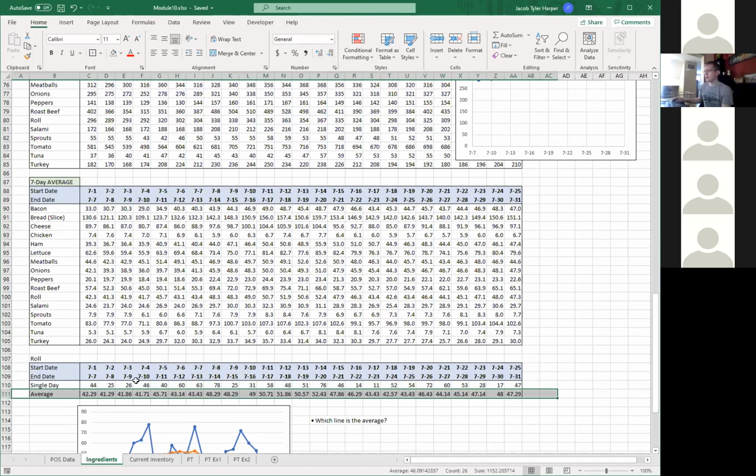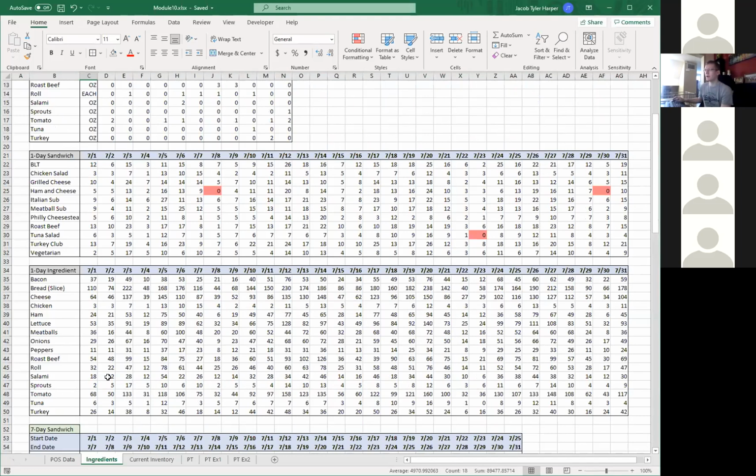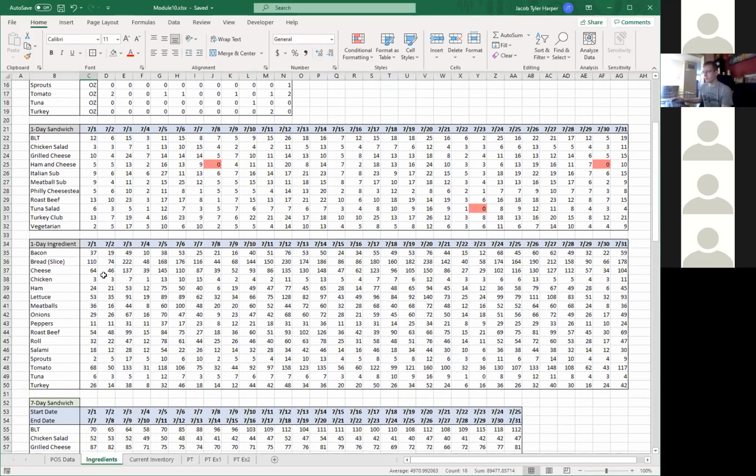And the only thing I want to point out there is that, when you're trying to pick a number for the 7 days from the 1st to the 7th, obviously you're using this column for the average number. But if you go back up to the 1-day ingredient, it's not entirely obvious which of these two columns you're using.